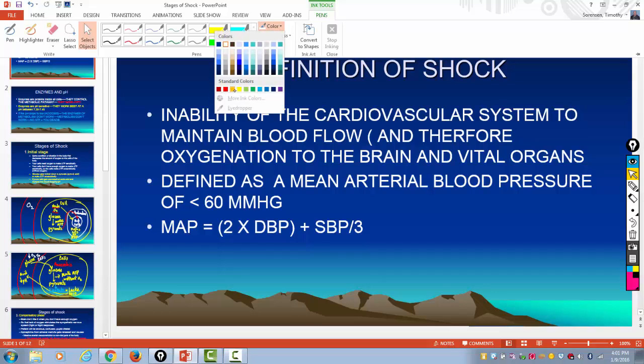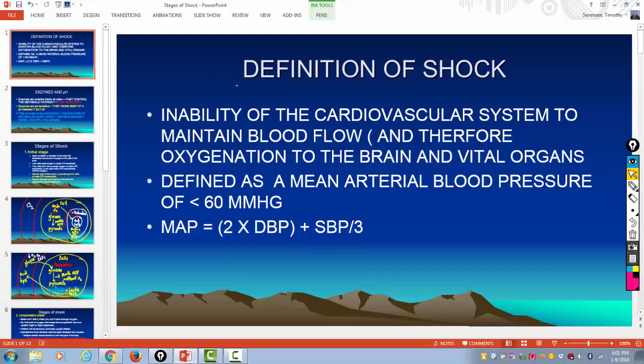So look, it's also defined as a mean arterial blood pressure of less than 60. That's the perfusion pressure necessary to maintain oxygenated blood to your brain and vital organs. It's called MAP. And it's determined by 2 times your diastolic plus your systolic, divided by 3.